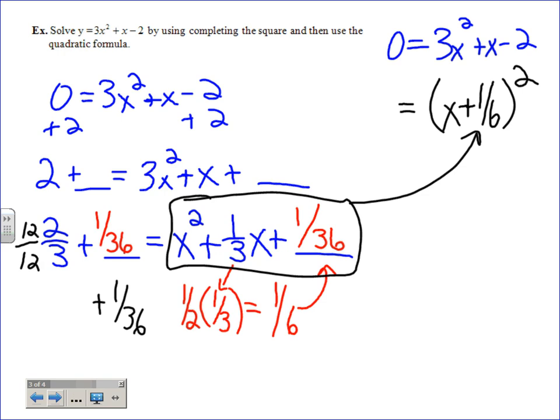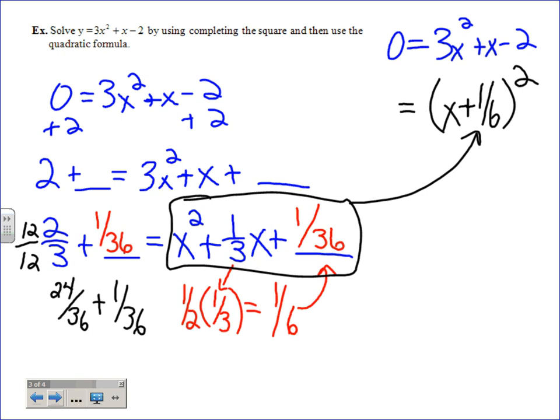Now, is it okay at any point in any problem to take any bit of it times 1? Yeah, right? You're not changing it. All I'm doing is taking 2/3 times 1. It just happens to look like 12 over 12. But that's okay. And so we got 36 on the bottom. What's on top? 24?